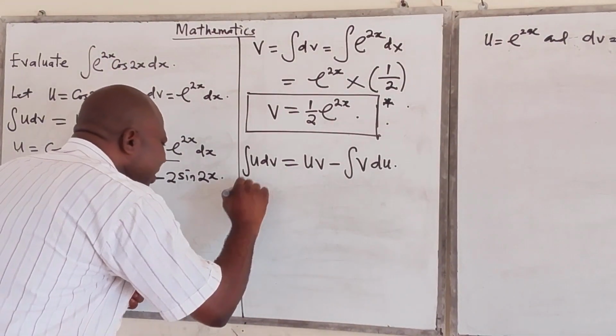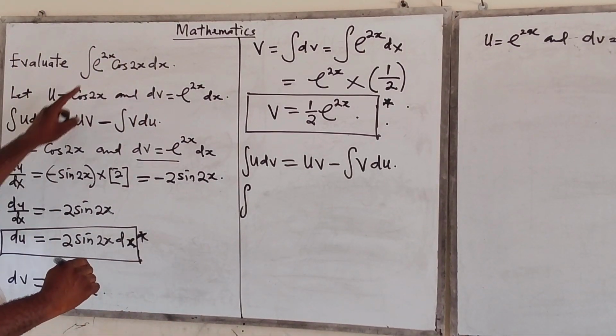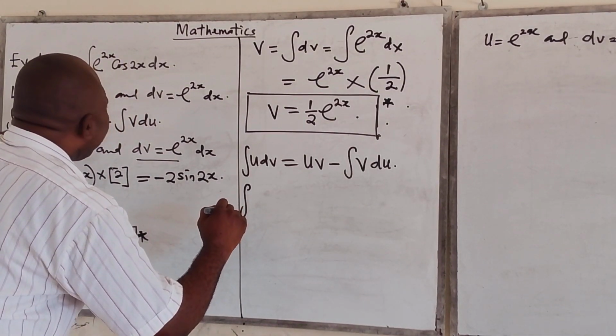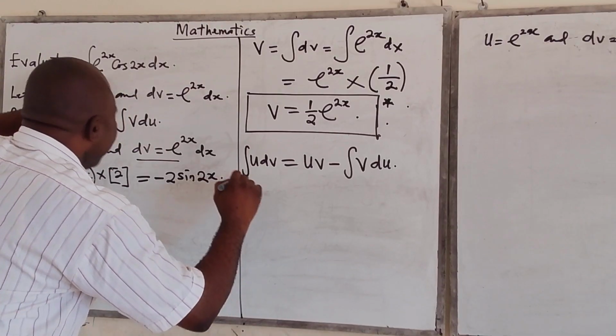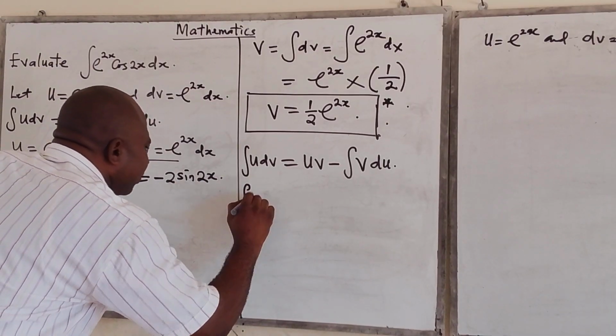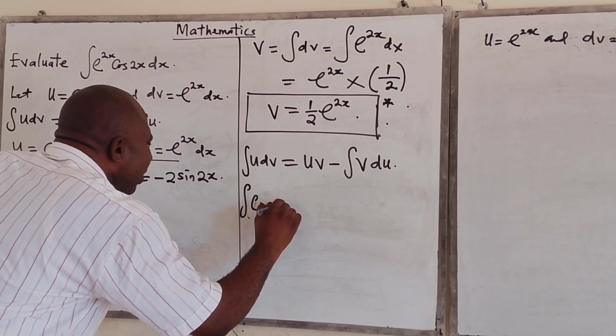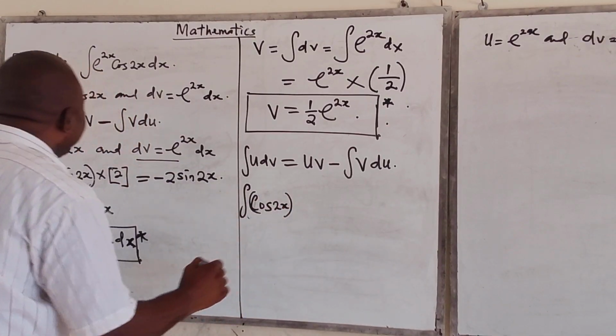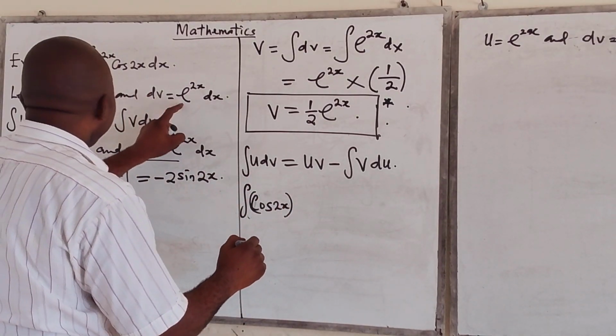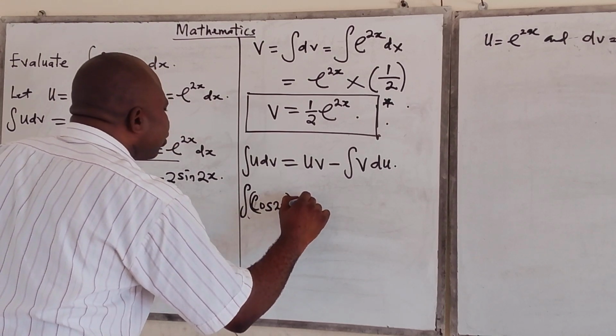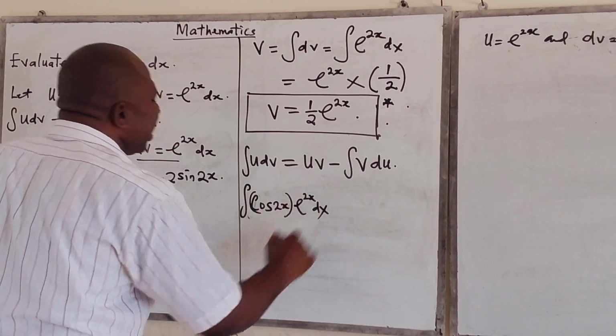So it therefore means that integral of u, the value of which is cos 2x, dv, where v here is e raised to the power of 2x, dx.